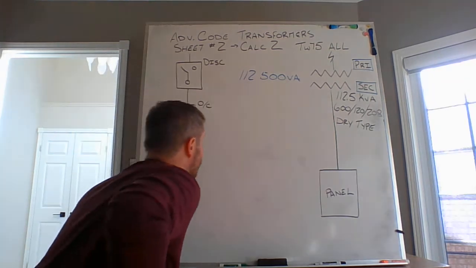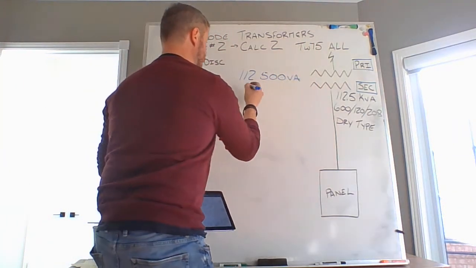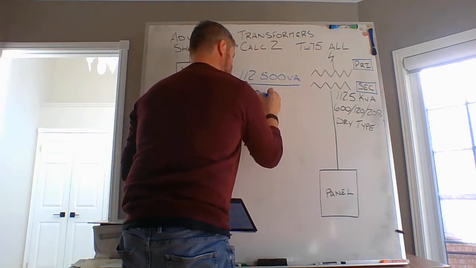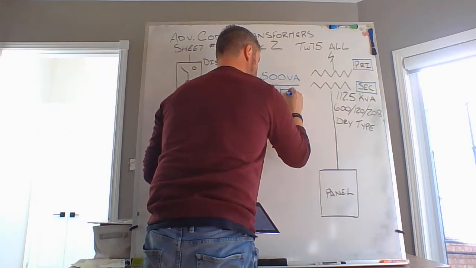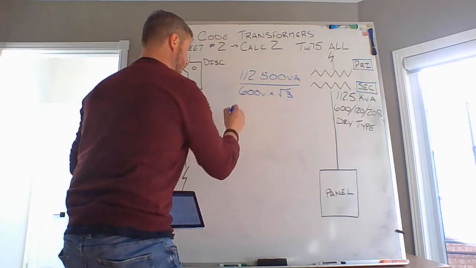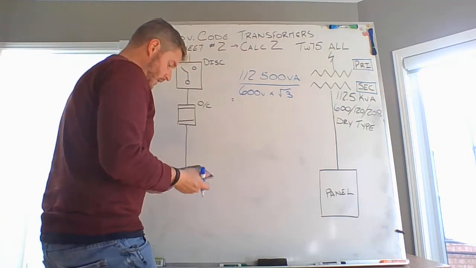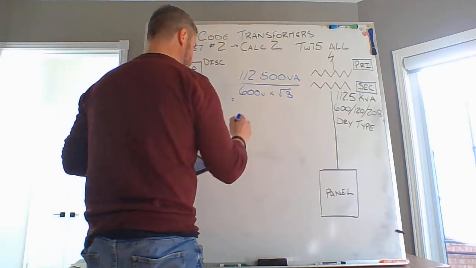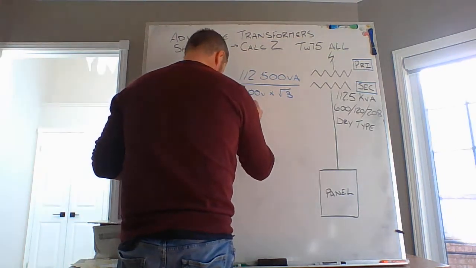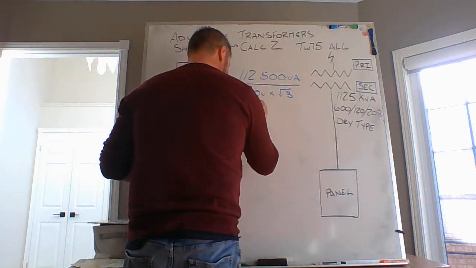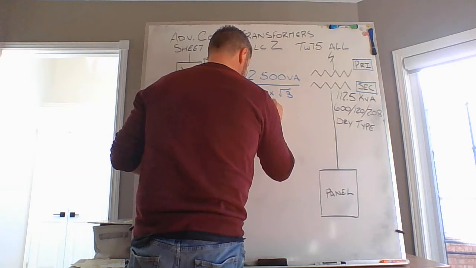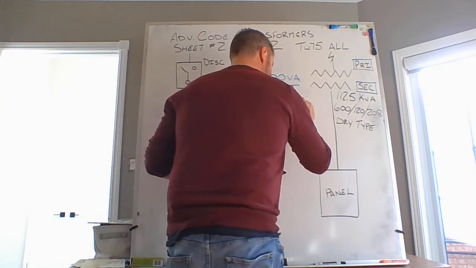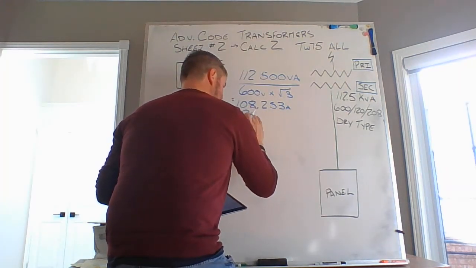Okay, take that value, for three-phase transformers, divide that by my 600 volts primary times the square root of 3. And if you do that calculation, you should come out to a primary full load current of 108.253 amps primary.